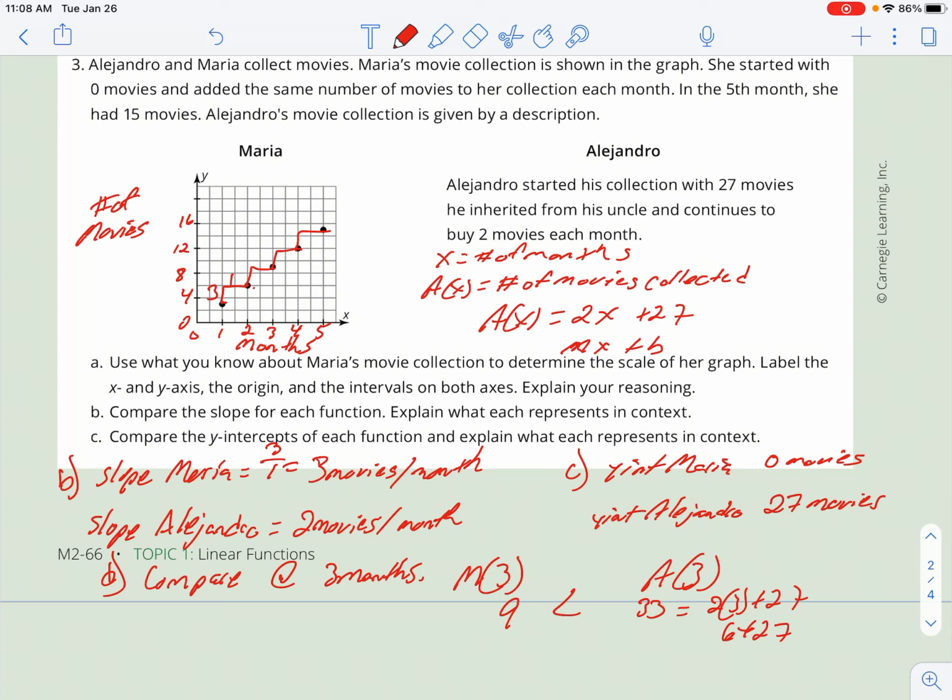So Maria is definitely less than Alejandro, and always will be, not always will be, that's a poor choice of words, because eventually Maria will overtake him down the road because she has a higher rate. But that's way down the road. Right now, at month 3, Maria's only got 9 movies and Alejandro has 33 movies.